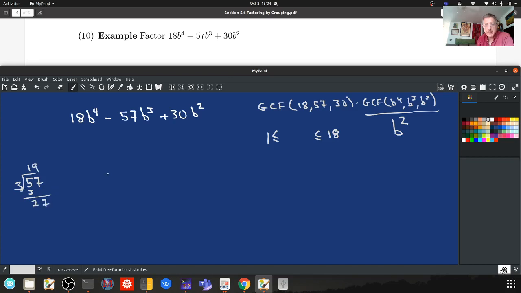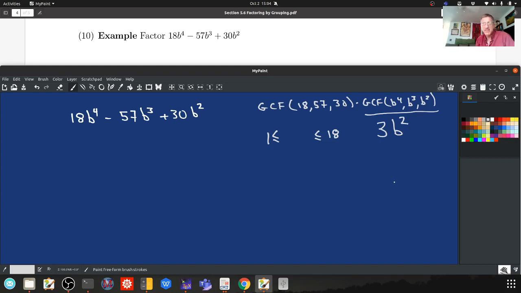So my GCF is 3b squared. It cannot be 6 because 57 is clearly not divisible by 6. Why? Because 6 is even. So 3 divides 30. 3 divides 18. 3 divides 57.